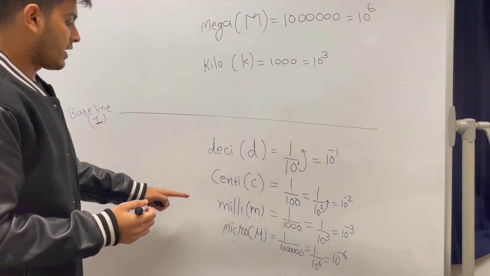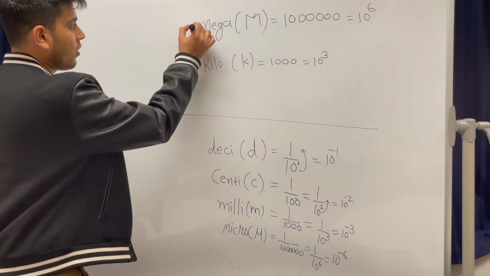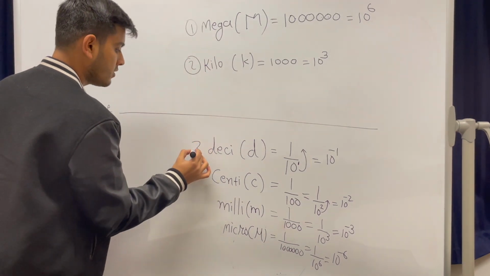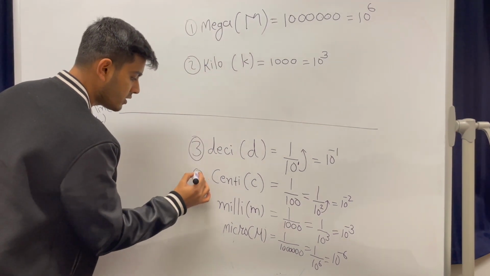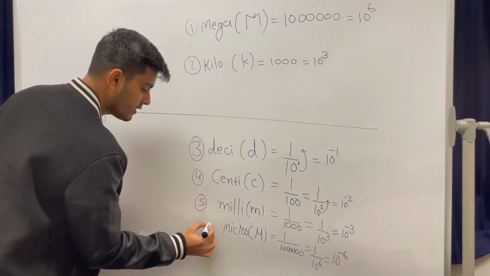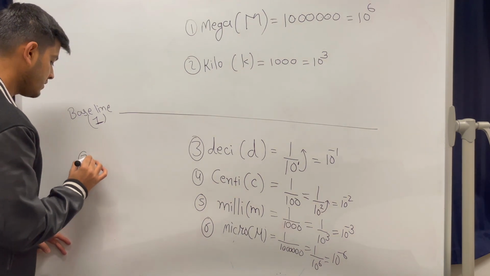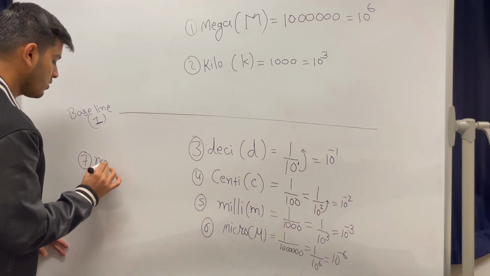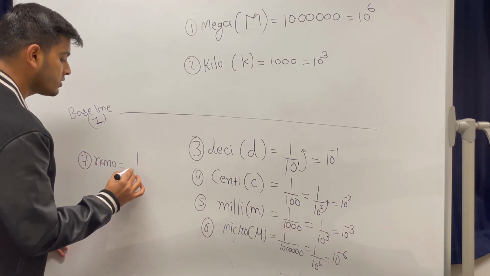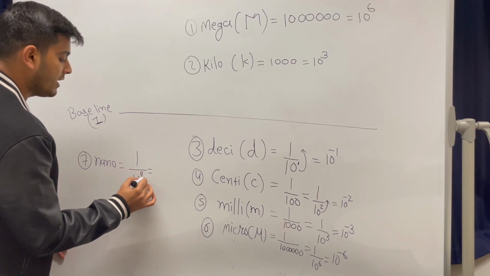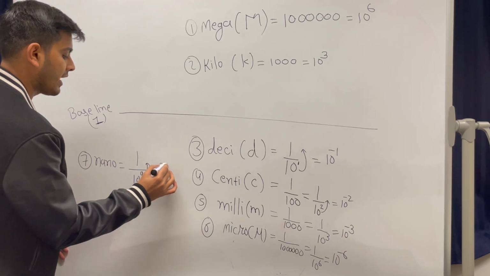So let me give a number to all the prefixes. So this is our first one, second, third, fourth, fifth, sixth, and now the seventh one is nano. Okay, nano is 1 upon 10 power 9. So it will be 10 power negative 9.